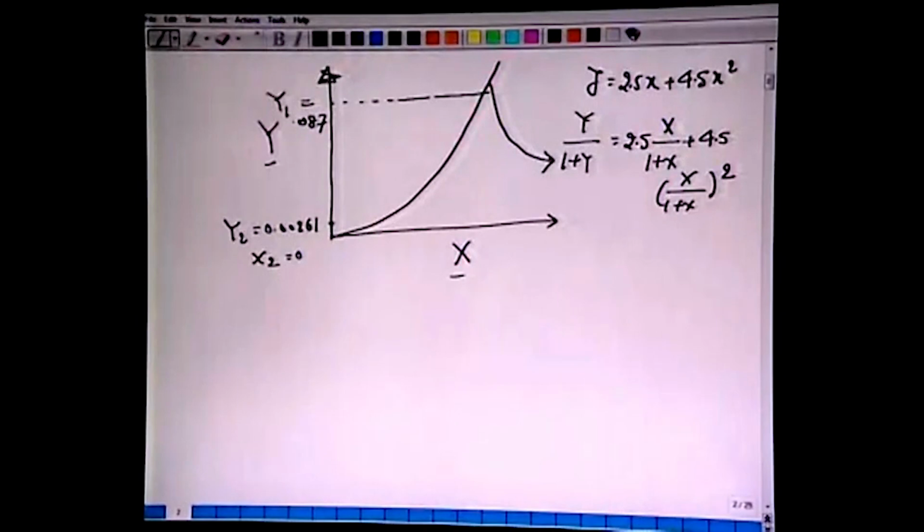The first question asked was, what is the minimum solvent flow requirement? That's very easy to find out. If the shape of this curve is convex down, we can draw this line intersecting the equilibrium curve here. This will give us the maximum concentration of the spent liquor.